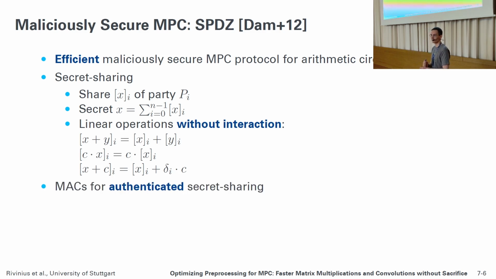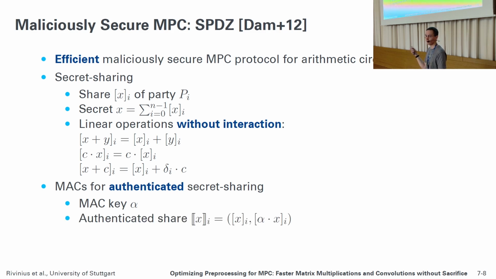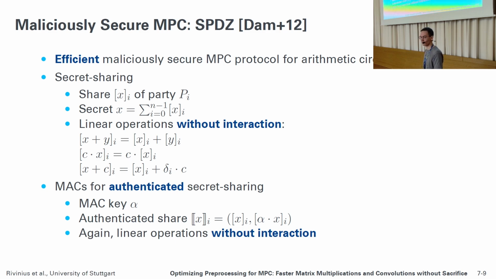And in SPDZ, you use MACs on the shares. So you have a MAC key alpha, and every party has a share, and a share of the MAC value, so a share of alpha times x. And with these, you can still do the linear operations without interaction.